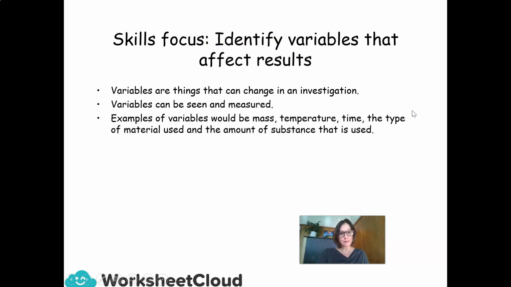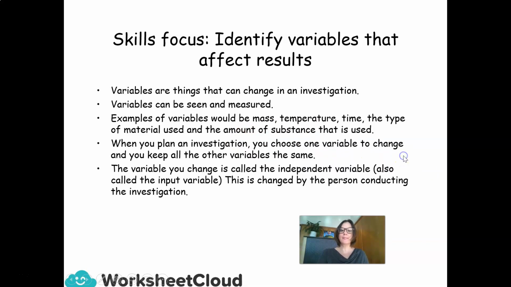Now, variables are things that can change in an investigation. Variables can be seen and measured. Okay, so we observe them. Examples of variables would be mass, temperature, time, the type of material used, and the amount of substance that is used. So if you were pouring liquid into containers, the amount of substance in each container would be a variable.